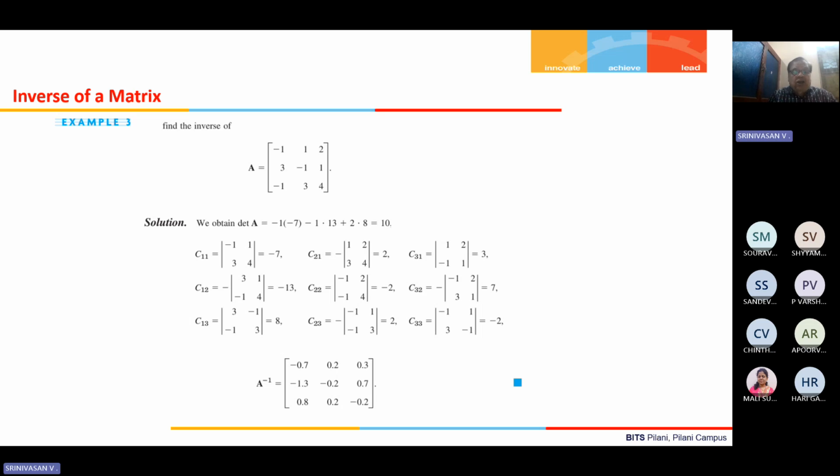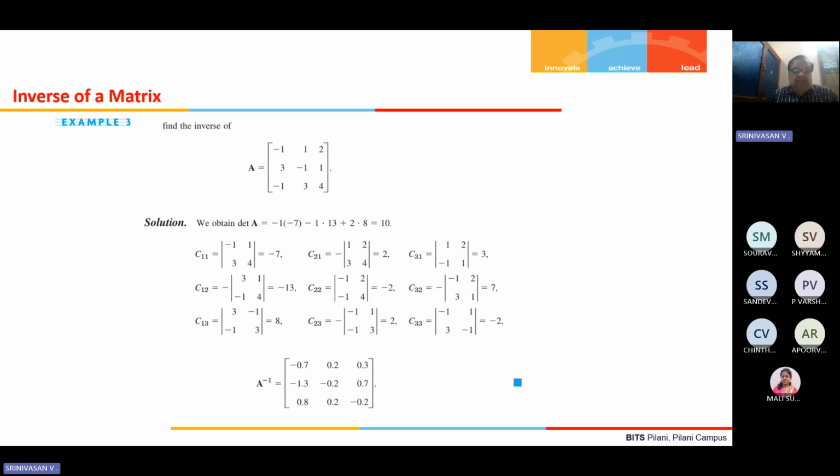So plus of the minor, which is -1, 1, 3, 4. So you get -7. Then what is C12? First row, second column. The positional sign is minus. Now we write its minor. Don't multiply by that element; that is only for expansion, and that is only through any row or column. For a cofactor, you find the 2 by 2 determinant and assign the positional sign of the element before the minor.